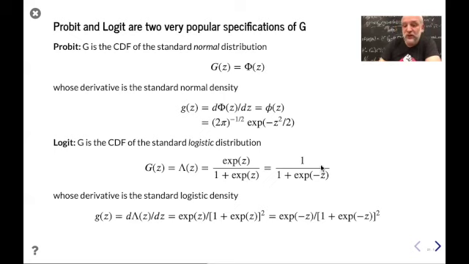This version has actually a numerical benefit. Say we have z here, which in our model will be x beta. If x beta becomes very big, then you have an exponential of a very big number, which is huge, divided by the exponential of a big number, huge divided by huge, and computers tend to give up. In those situations, it would be much better to have 1 divided by the exponential of the negative of big, which is small.